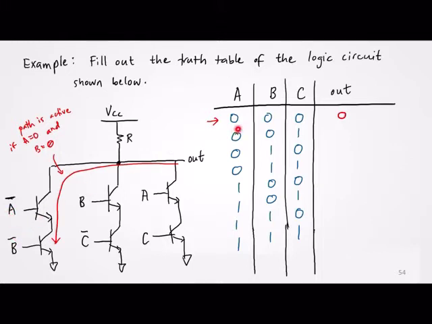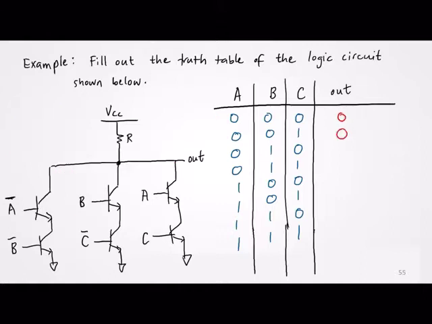If I look at the truth table, where are the areas where A is 0 and B is 0? The first row and also the second row. So that must mean that regardless of the value of C, as long as A is 0 and B is 0, this path here is active. That means you have a path to ground, so our output is at logic 0.